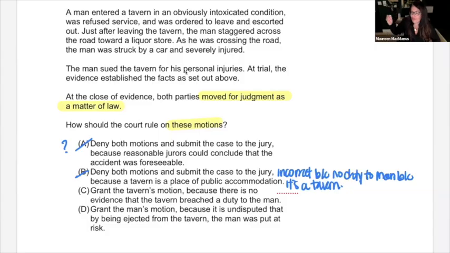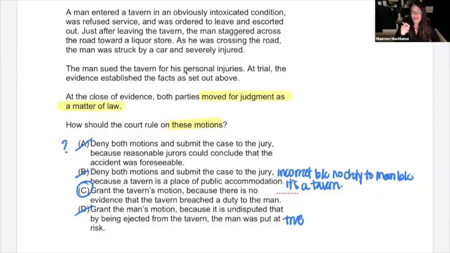So it may be true that it was foreseeable, that there was causation, etc. But if they didn't owe him a duty, they didn't breach. So here, there's just that it was no duty. So we can't grant the man's motion. So C is our correct answer here. This is true. And also this is a scenario where maybe you guys remember this from the LSAT and studying, but there are these logical links, or these logical flaws.